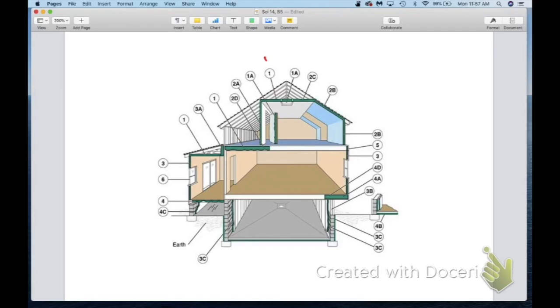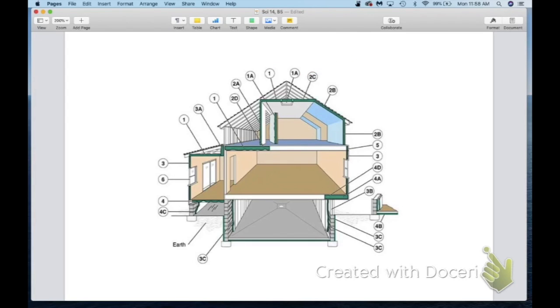Number 1 is unfinished attic space, and 1A, that one is an attic door. All right, good enough.